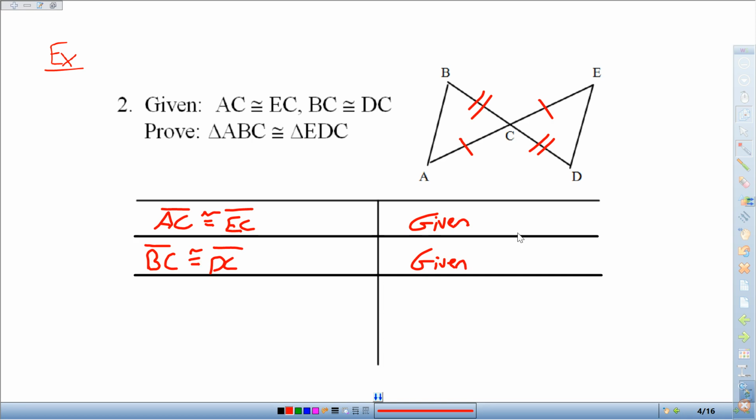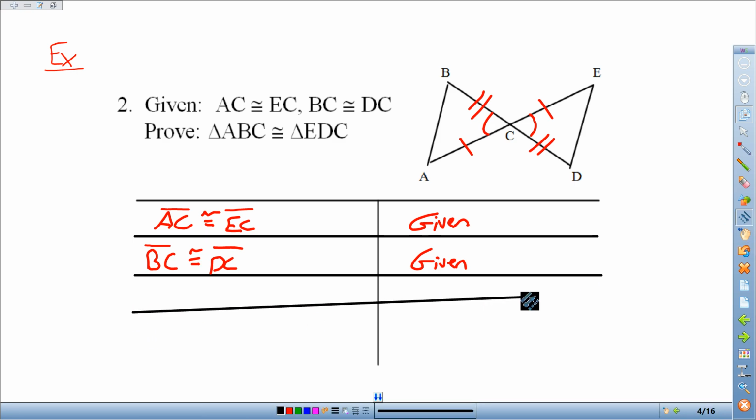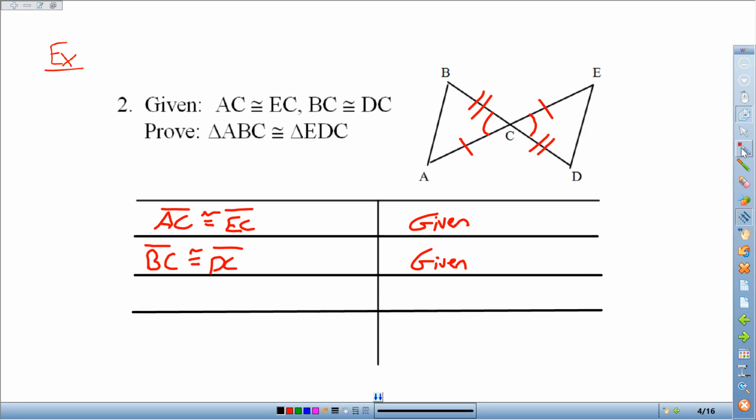That's all the information I'm given. Now I notice I need to find one more piece of information on these triangles. And I notice we do have vertical angles right here. By the way, I know vertical angles is going to be my next reason. If you wanted to, you could start by writing the reason first. Sometimes that's not a bad idea. I know I have vertical angles.